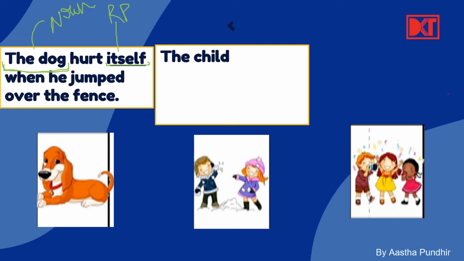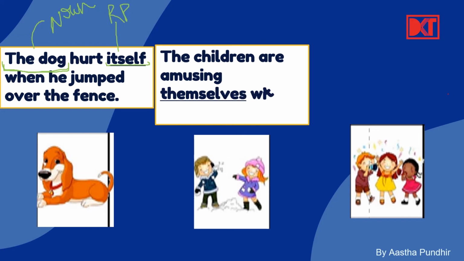Now next. The children are amusing themselves with the snow. Now you see here what is the subject? The children. Again, this is not a pronoun, this is a noun.